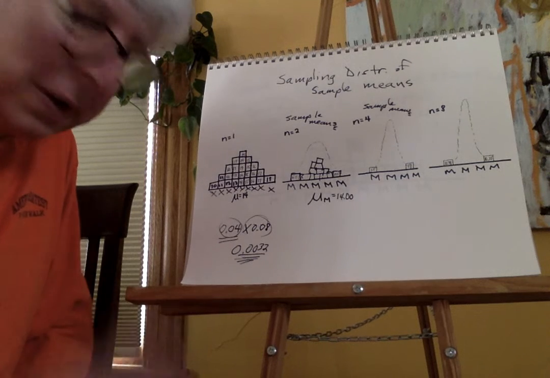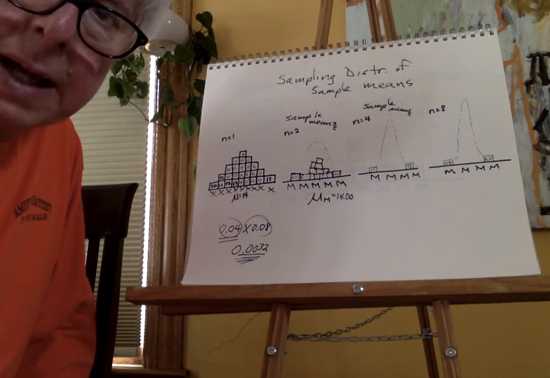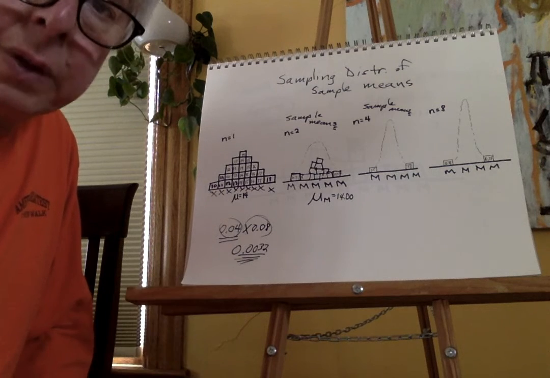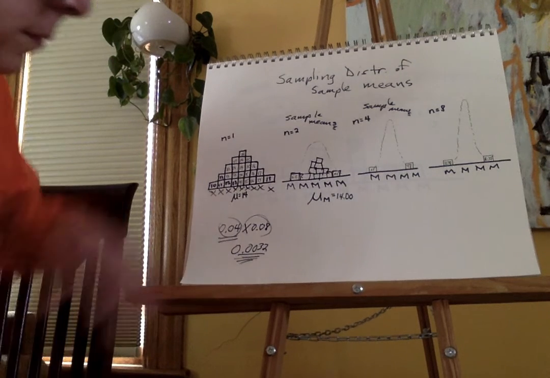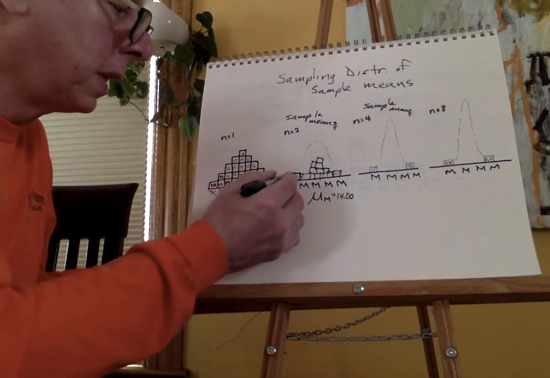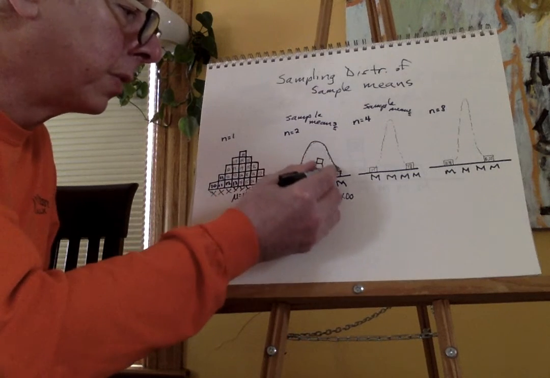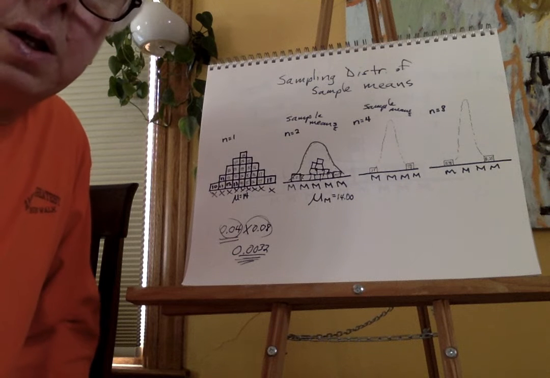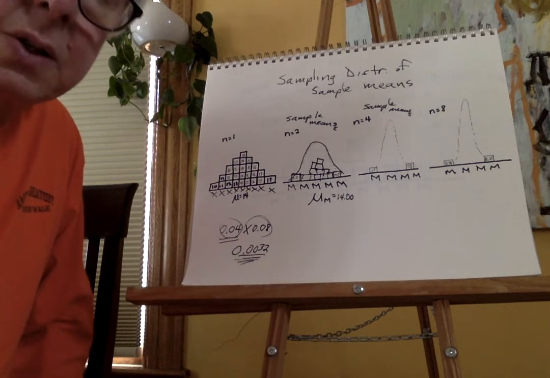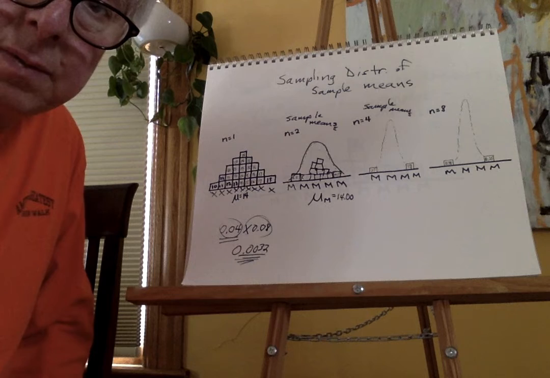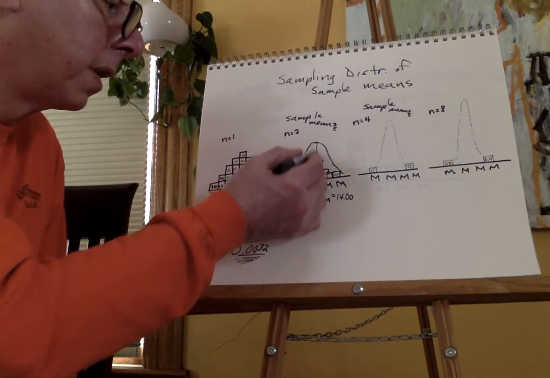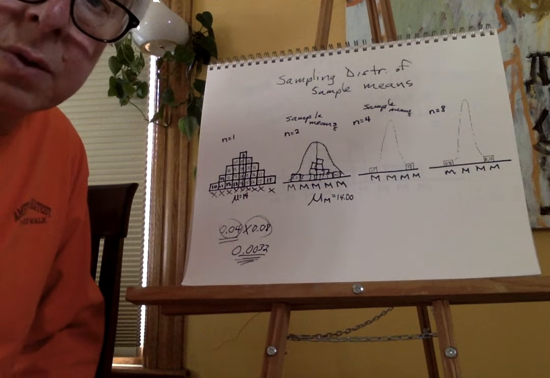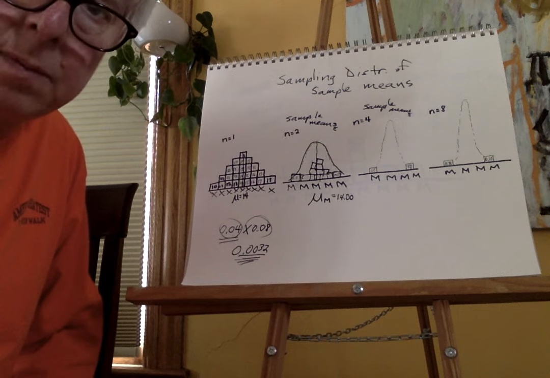That's why I do it very low tech in the classroom, to show you that this really develops, okay? And what you would see is a normal distribution of means of samples, and it will be centered at the same place that the individual scores were centered.